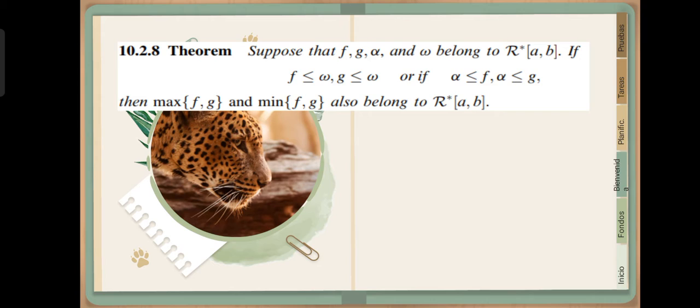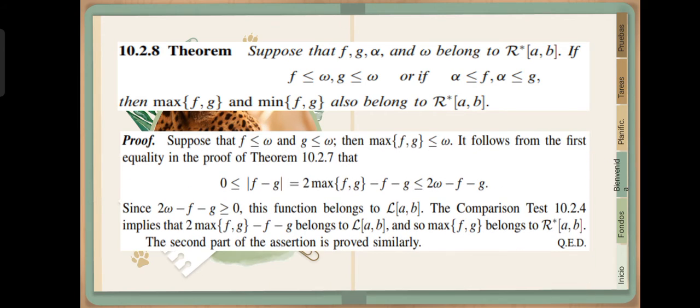If f ≤ ω and g ≤ ω, or if α ≤ f and α ≤ g, then max(f,g) and min(f,g) also belong to R*[a,b]. Proof. Suppose that f ≤ ω and g ≤ ω, then the max(f,g) is less than or equal to ω.